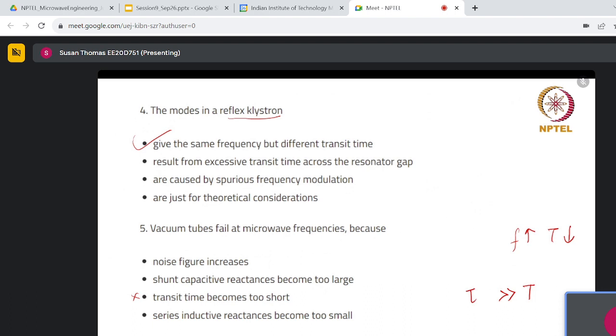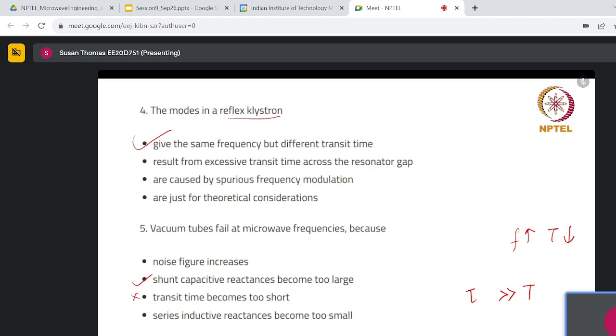Now think about the very first reason, the lead inductance and the inter-electrode capacitance. That is the B option and the D option. The shunt capacitive reactance is nothing but the inter-electrode capacitance. Definitely that is going to be very large at high frequency.